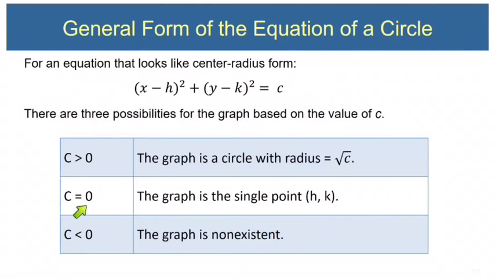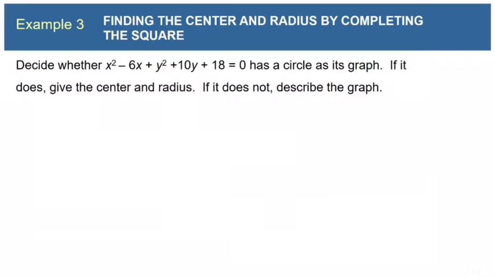In other words, you're getting a circle, but it has a radius of 0, so it's so small it just makes a point. And if your right side comes up negative, then that graph won't exist at all. It won't graph anything.